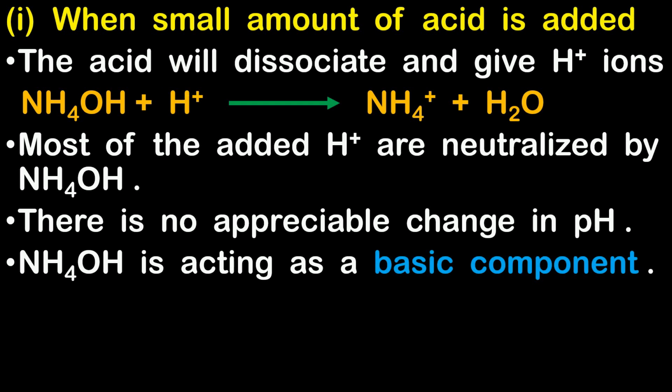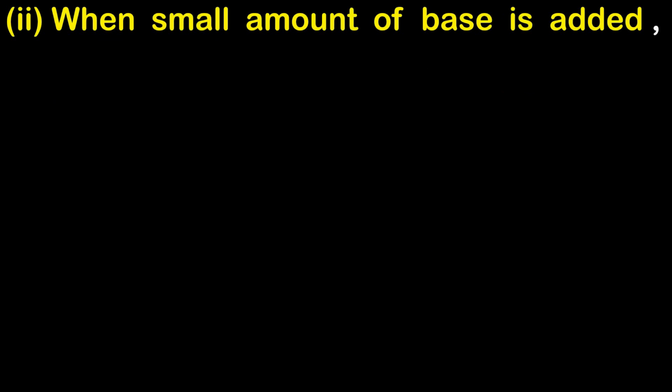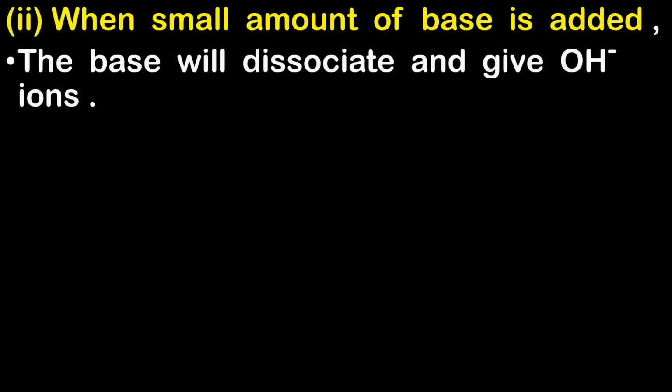Okay, now moving on. Let's say a small amount of base is added. What is going to happen? The base will dissociate and give OH minus ions. Now as it is giving OH minus ions, can I say that the molar concentration of OH minus ions is going to increase?